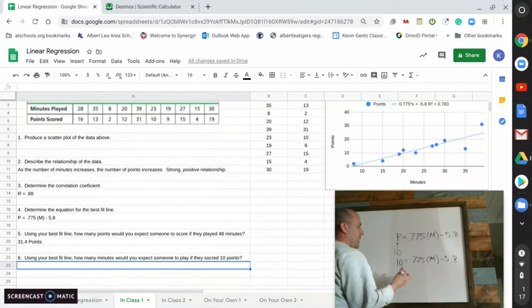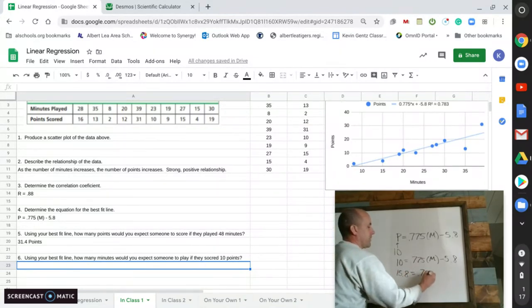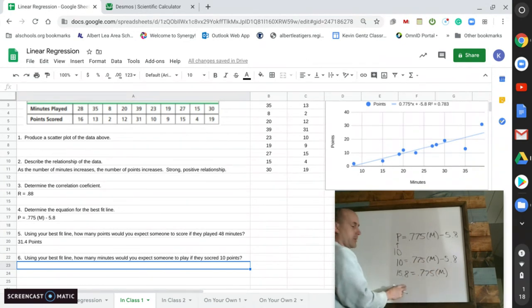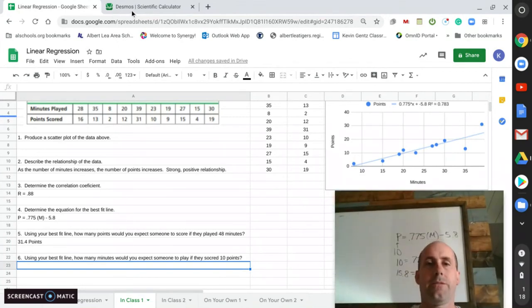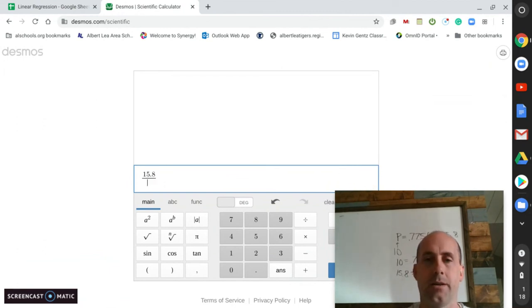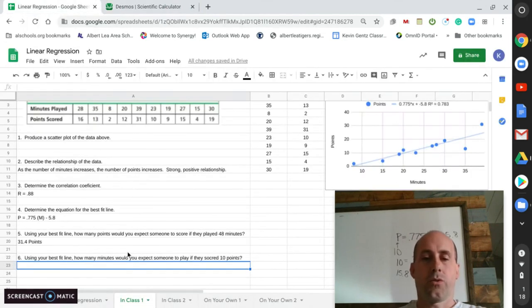I add the 5.8 over and I get 15.8 is equal to 0.775 times M. Divide both sides by 0.775. I'm going to need my calculator for that. 15.8 divided by 0.775, and I get 20.39. So 20.39 minutes.